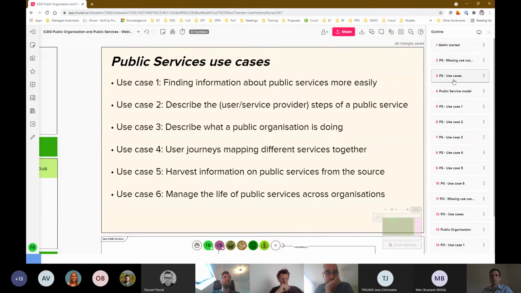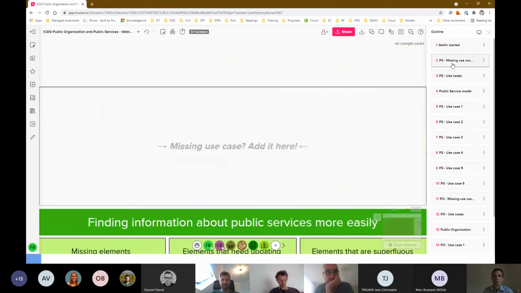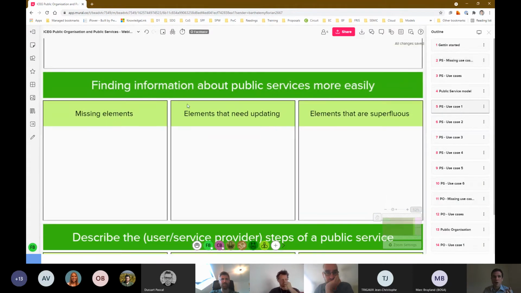If you click here, you see directly the use cases that we discussed in the previous webinar or today, and from those two aspects, consider first: are there some use cases that we miss? If yes, you can indicate it over here. And second, for the specific use cases, are there specific elements that would be required in the model that we don't have today?